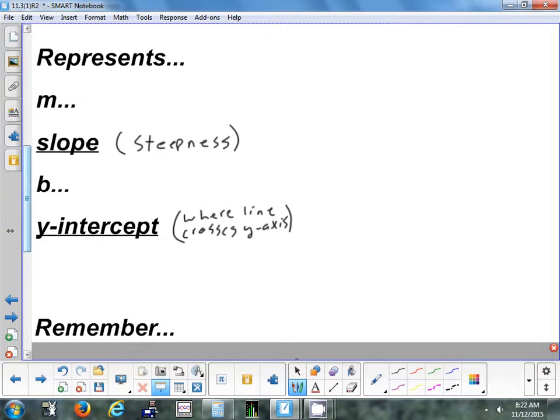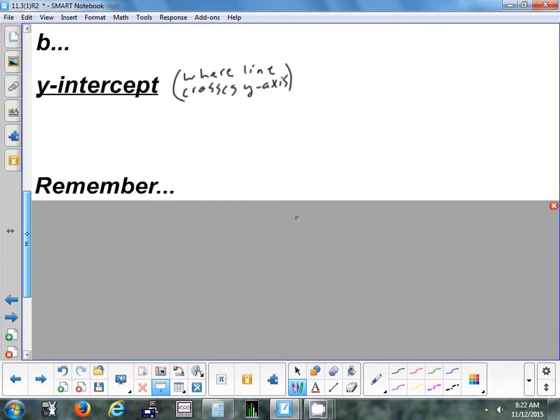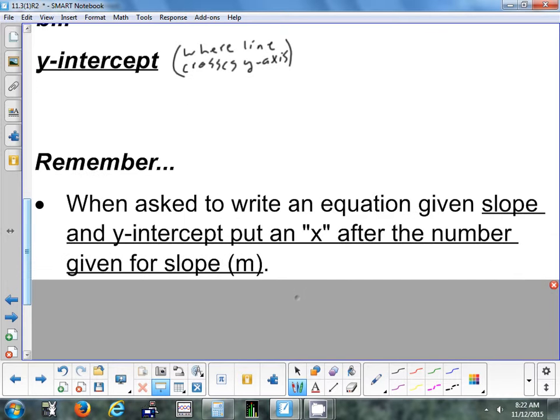A couple things that we want to keep in mind as we go through it. You've got a spot on your sheet for this. It says when asked to write an equation given, and then you fill in what's underlined. If you're using the slope and y-intercept, you put the x after the number for the slope.